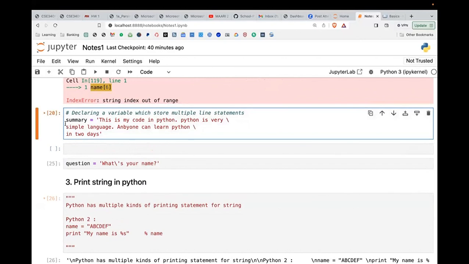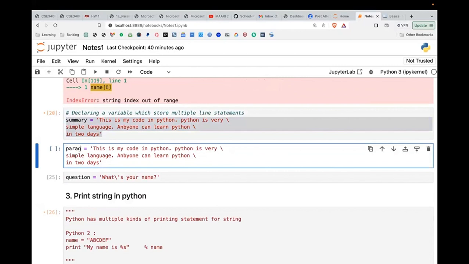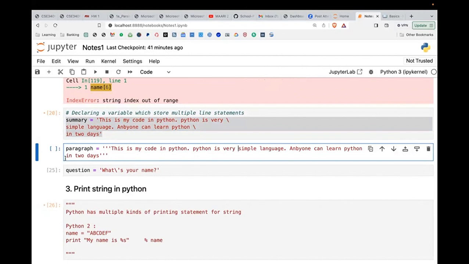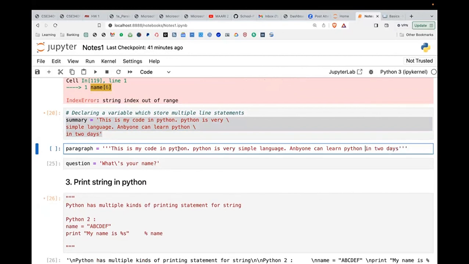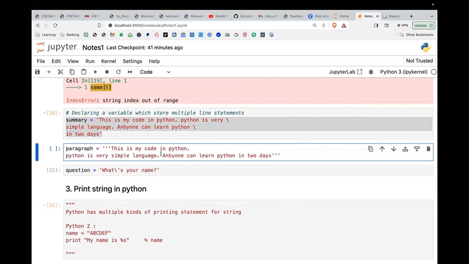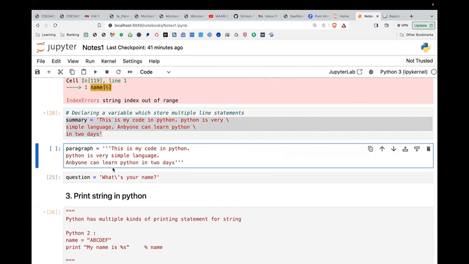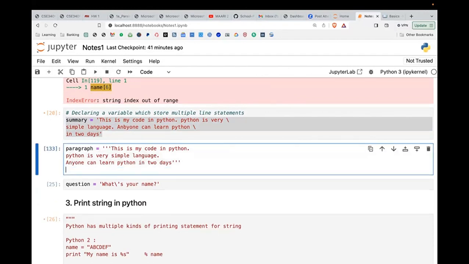But you can also declare multi-line strings by using triple quotes directly, with a variable called paragraph. You do not need this particular thing. By default, using triple quotes, Python knows you are writing a multi-line statement. I am just printing the paragraph.